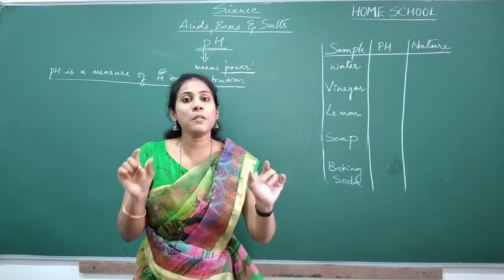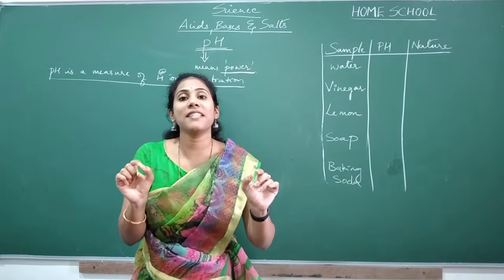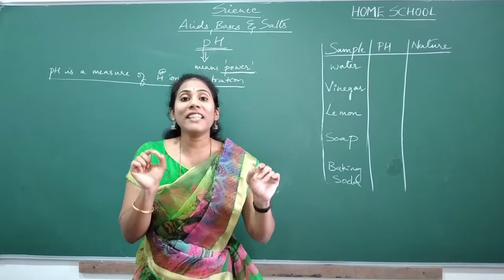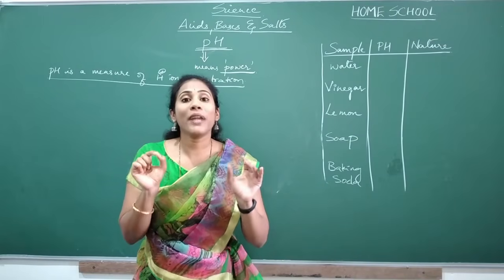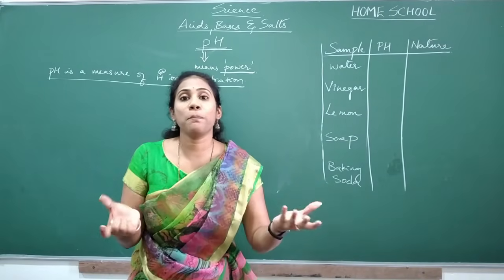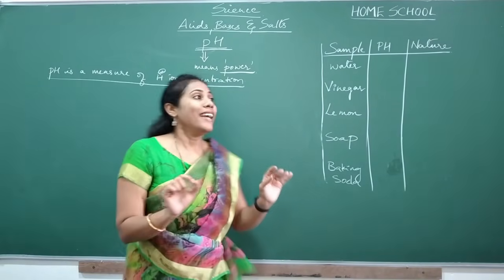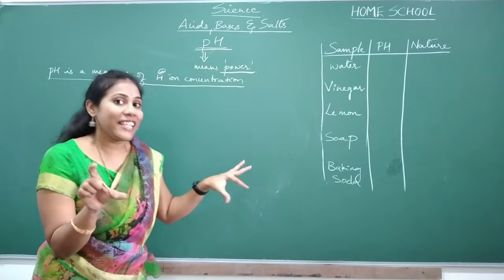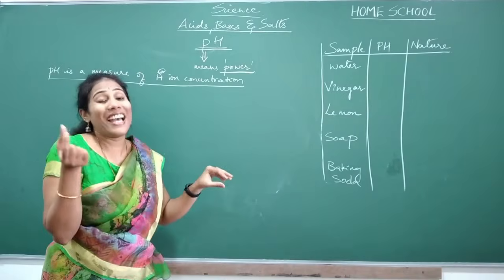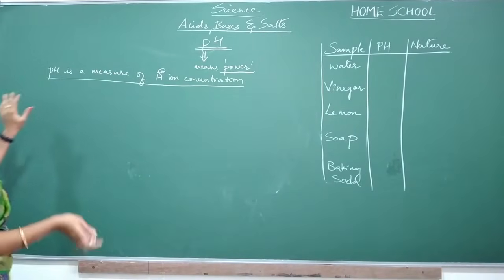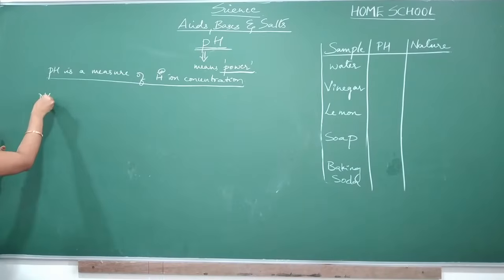So P means power, H means H plus ion concentration. With the help of pH, we measure the strength or power of H plus ions, and that concentration can be measured with the help of the pH scale.